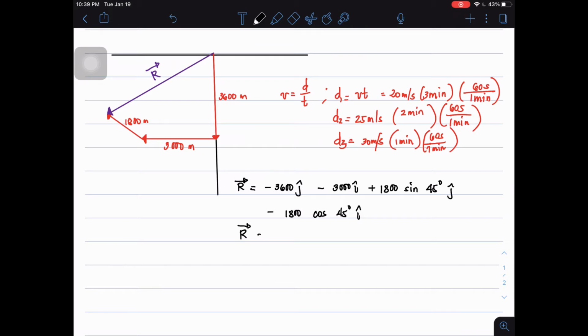So our resultant vector is equivalent to negative 4270 i hat minus 2330 j hat meters. Or it could be also written this way.